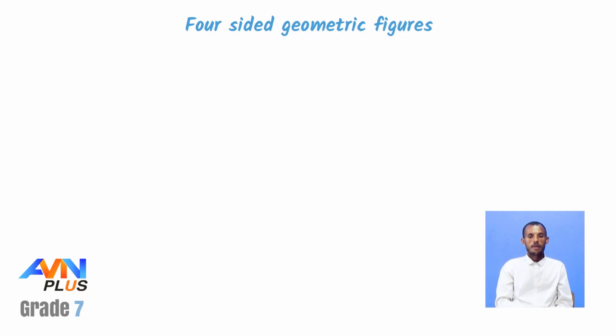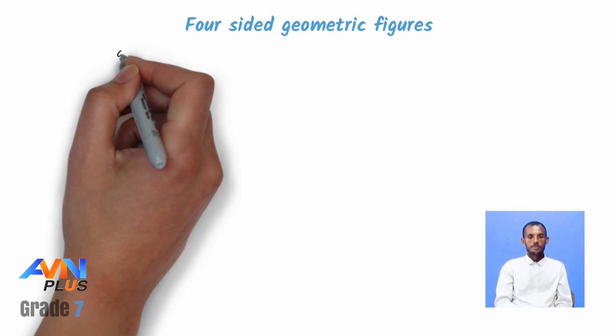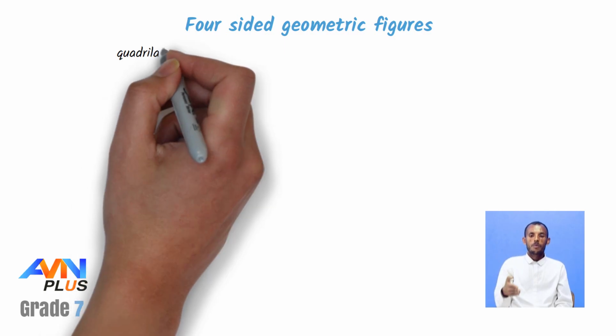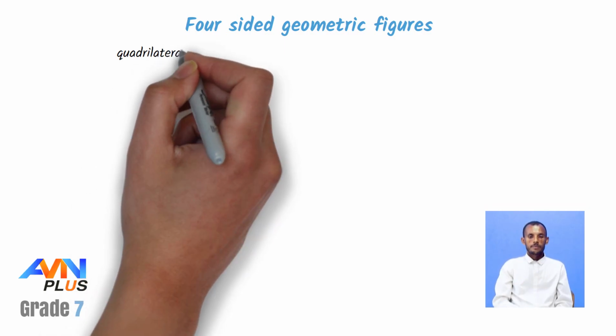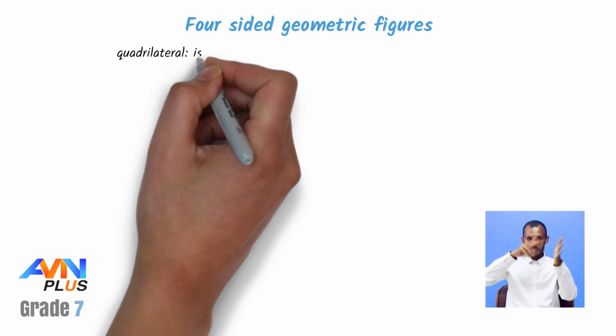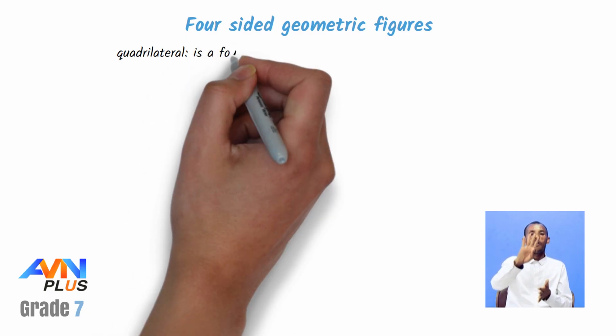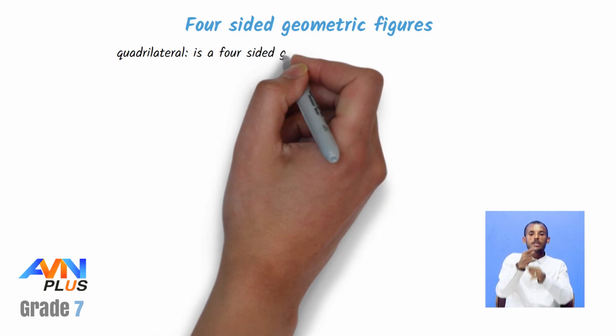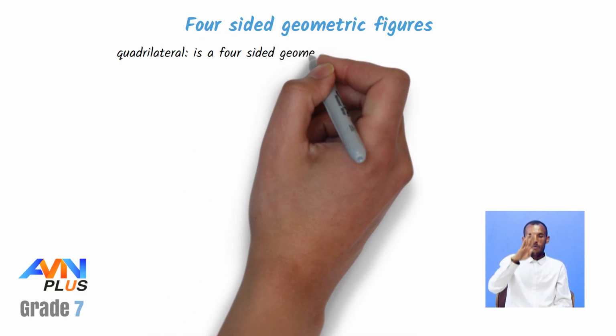A quadrilateral is a four-sided geometric figure.